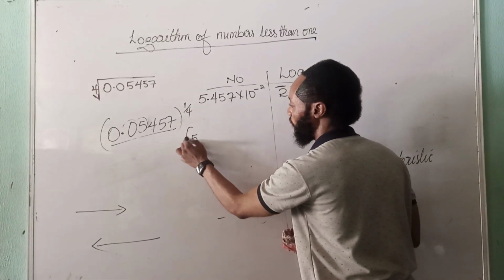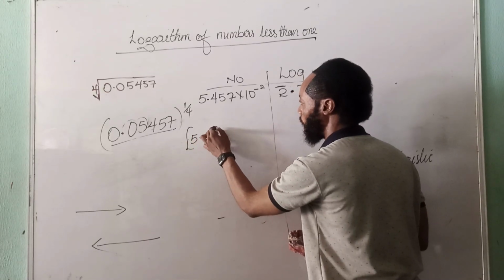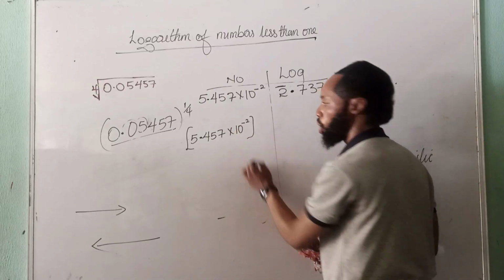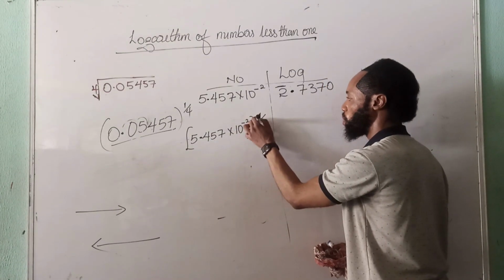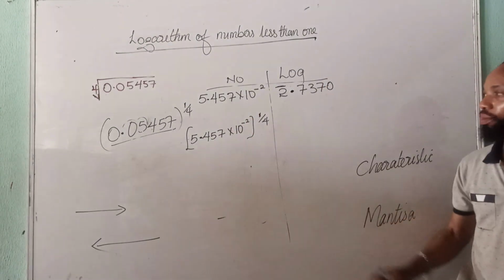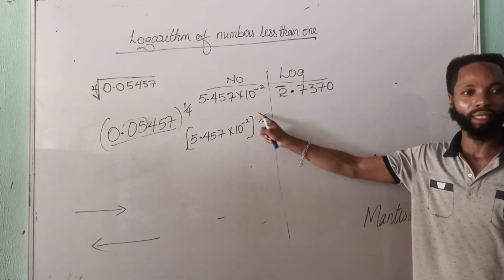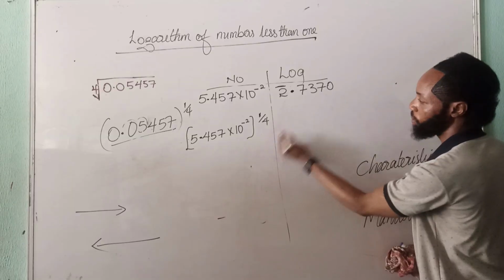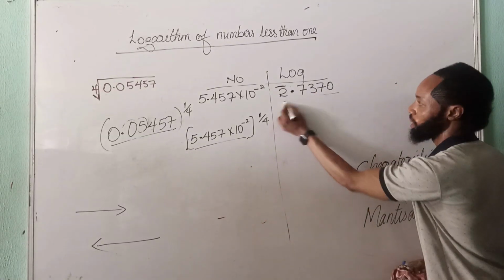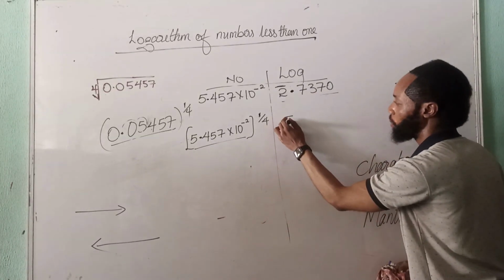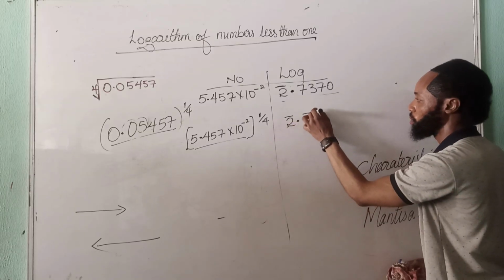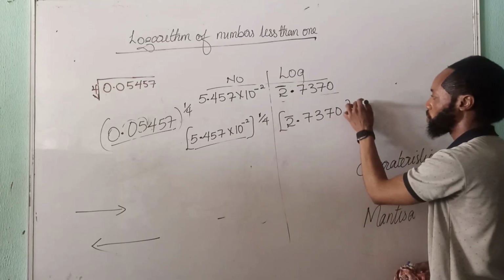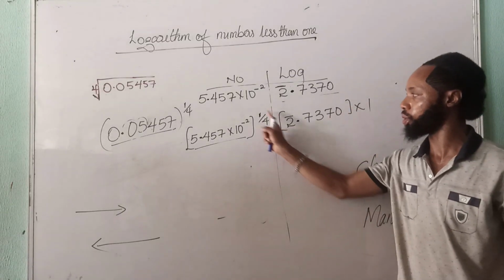So we have 5.457 times 10 raised to power minus 2, all raised to power 1 over 4. And I said it initially, we multiply by 1 and divide by 4. So let's have this. Remember, the value of this is this in log. So we write our bar 2.7370 times 1.